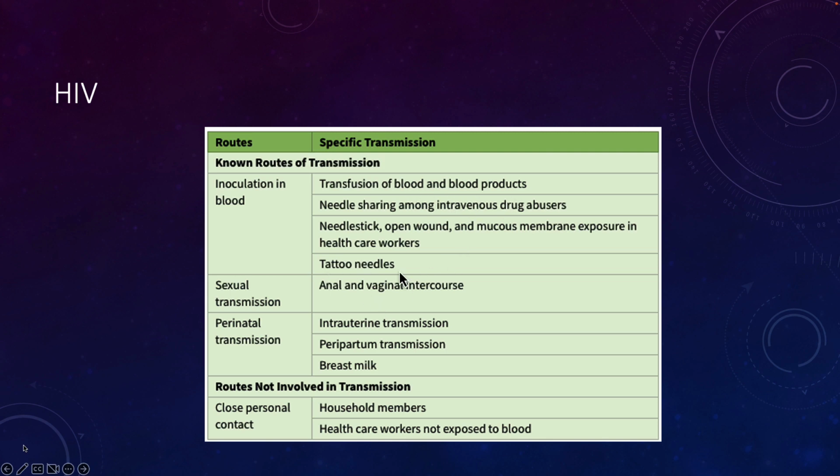Tattoo needles are also possible, but most tattoo parlors should have an autoclave, so we shouldn't see that happening really. Sexual transmission, super, super common. And then, of course, a pregnant woman can transmit either during childbirth, during pregnancy, or during breastfeeding. Routes not involved in transmission: household members or healthcare workers not exposed to blood.